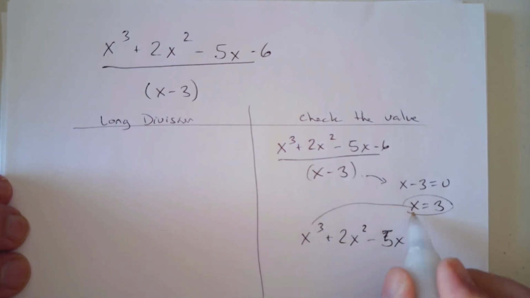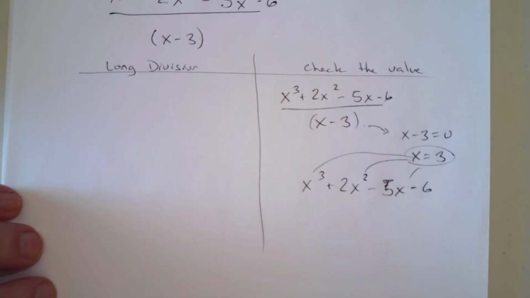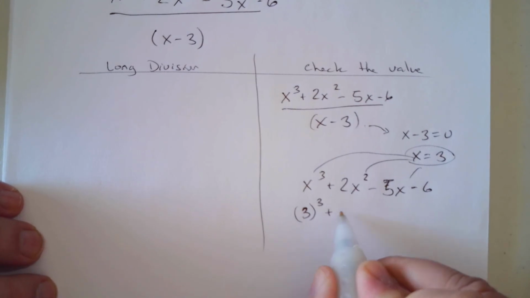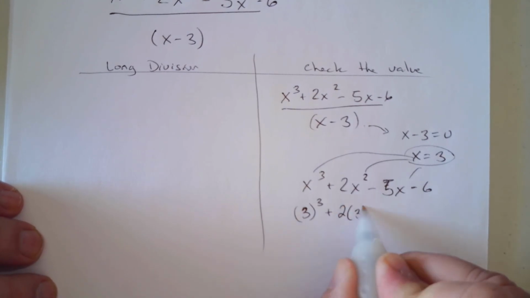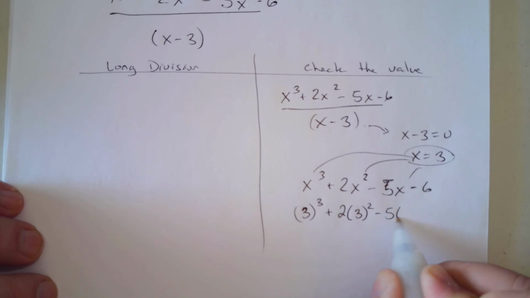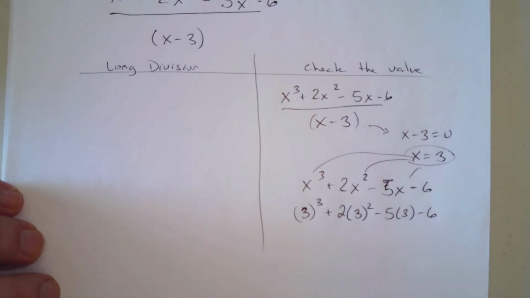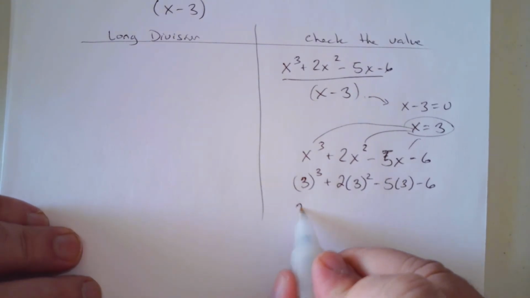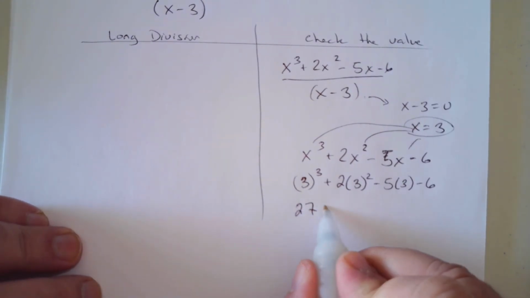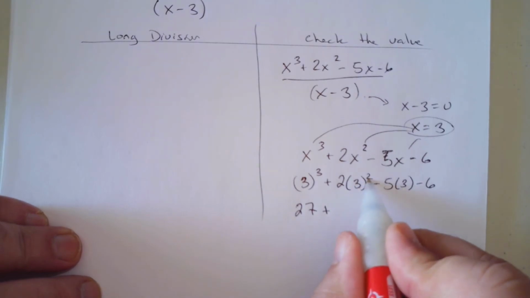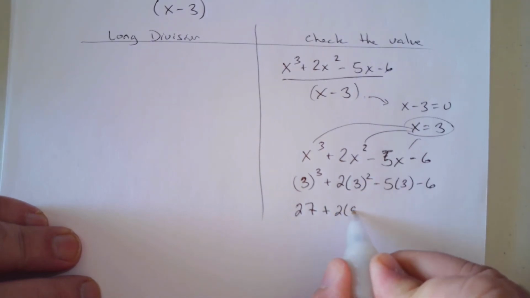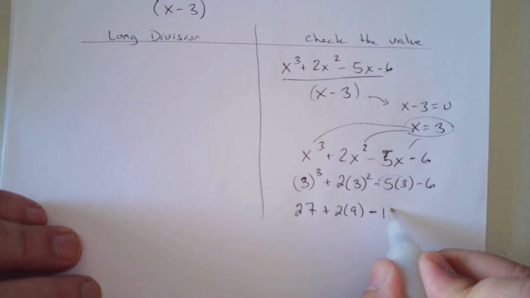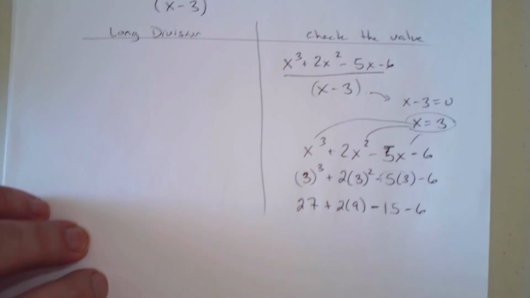So anywhere you see an x, put a positive 3. 3 cubed, 3 times 3 is 9 times 3 is 27. 3 squared is 9. 2 times 9. Positive times negative is negative. 5 times 3 is 15. Minus 6.